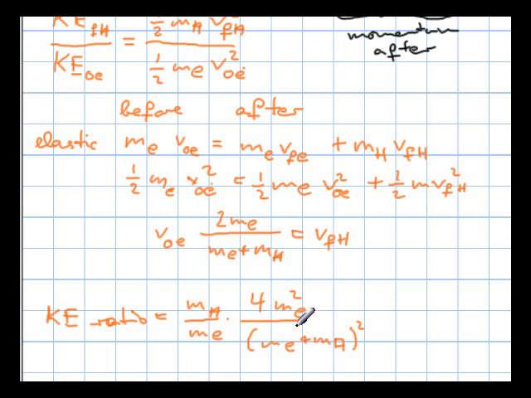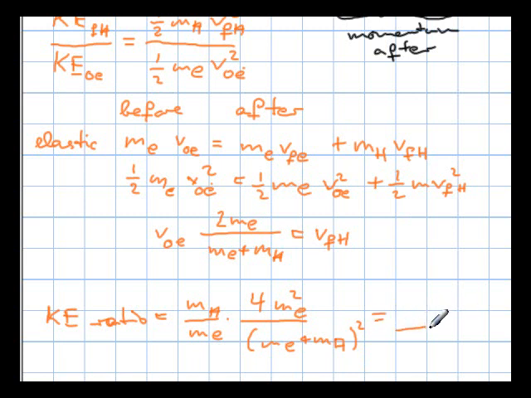One of the electron masses divides out here, and then we can just say the mass of the electron we call 1, and the mass of the hydrogen atom we call 1837. Plug in the numbers, and we're going to come up with a ratio.